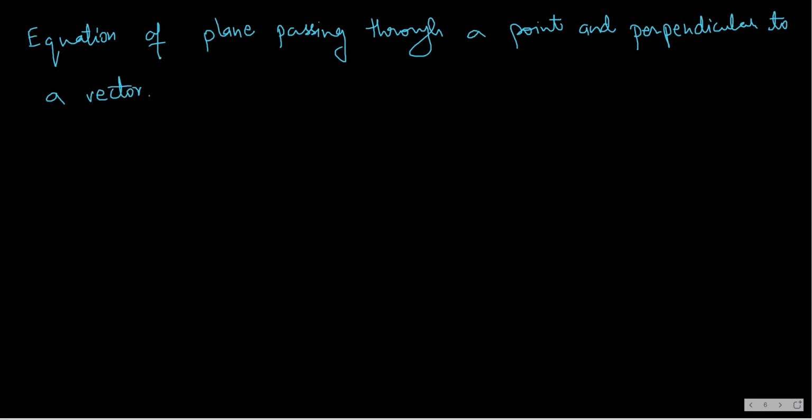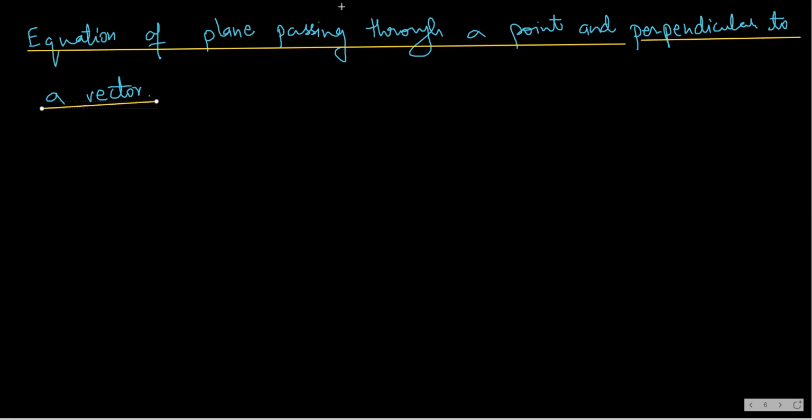So this is the first theory of the topic plane. What is it? We are writing the equation of a plane when it is passing through a point and it is perpendicular to a vector.